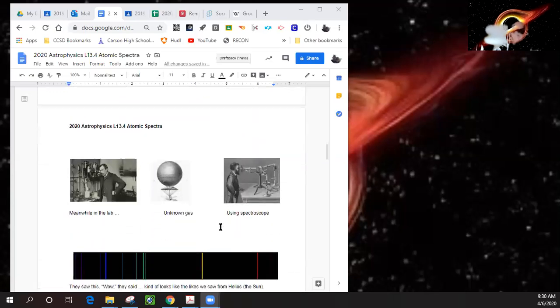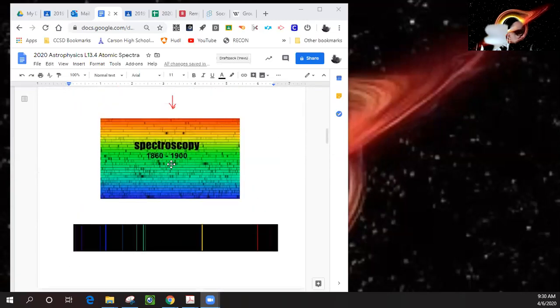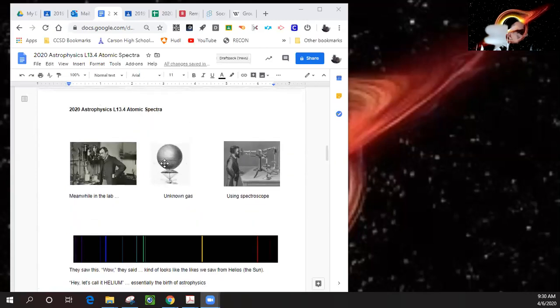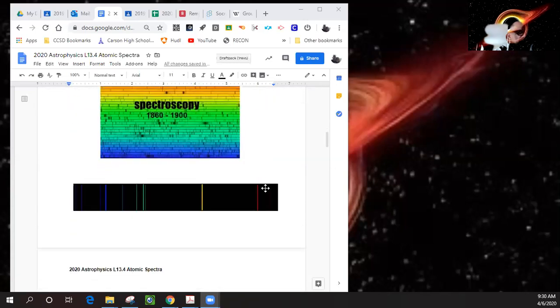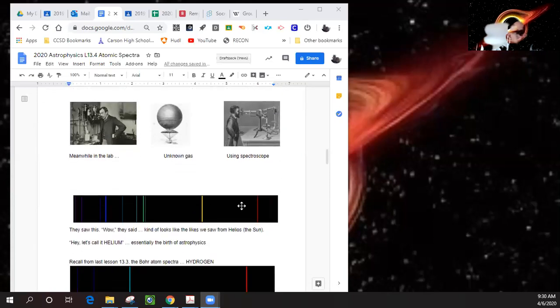Meanwhile, in the lab, remember, this is 1860 to 1900, they had this unknown gas. It had some special properties. It seemed to make things float. Using a spectroscope, like this except a little bit fancier, they saw these lines, and they said, wow, this kind of looks like the lines we saw from Helios, the sun.